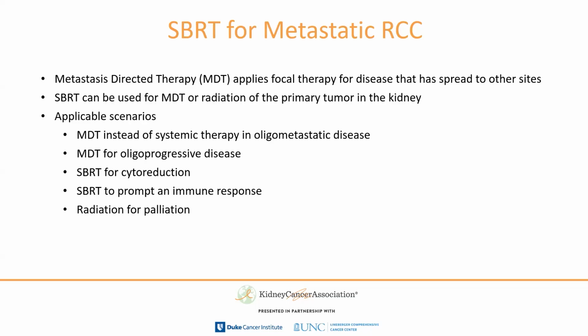The leading scenarios where we are studying SBRT for metastasis-directed therapy are MDT instead of systemic therapy in oligometastatic disease, or to help delay a change in systemic therapy for oligoprogressive disease. Using it for reduction of the total number of cells, sometimes in lieu of a cytoreductive nephrectomy, to help prompt an immune response, or to help palliate the symptoms that our patients are experiencing from their cancer.